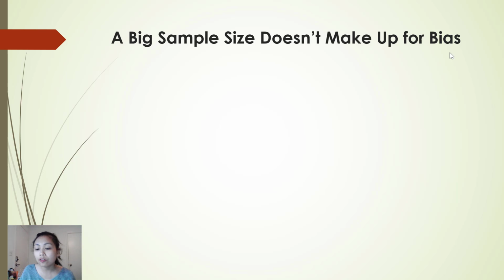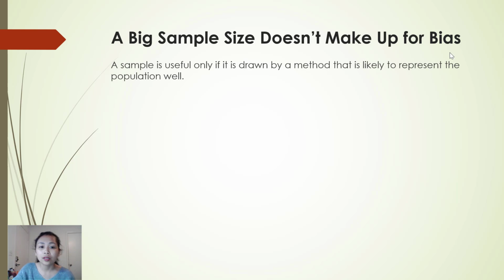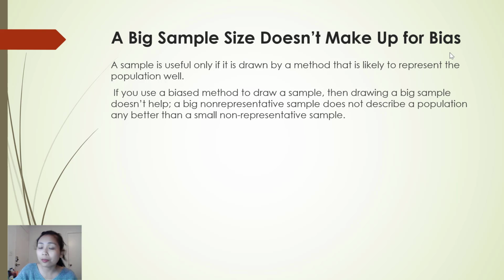But actually, if we collect a very large sample but the sample is not random, then the study cannot be unbiased. A sample is useful only if it's drawn by a method that's likely to represent the population well. Usually the best way is a simple random sample. If you use a biased method to draw a sample, then drawing a big sample doesn't help.